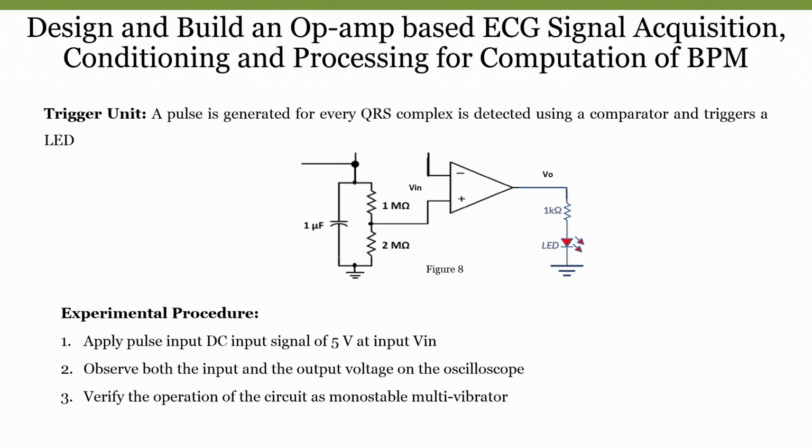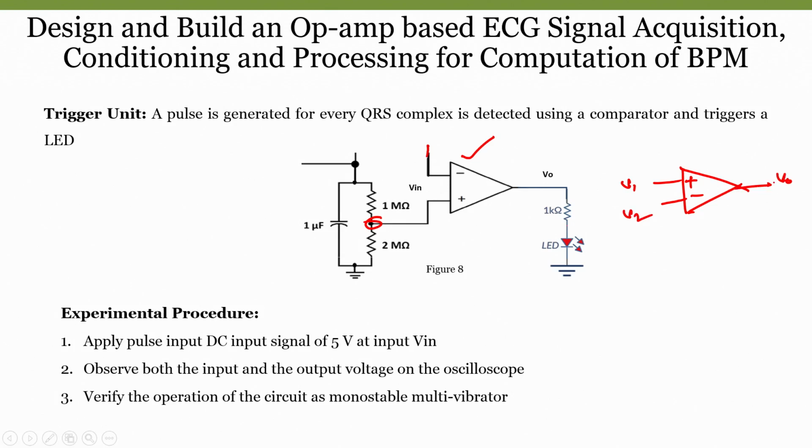So, in order to do that, what will we be using? We will be using a comparator. We will compare the input signal with this particular threshold. So, how does a comparator work? If you recall the working of a comparator, let us take this as plus and minus, this is V1, this is V2 and this is V0.